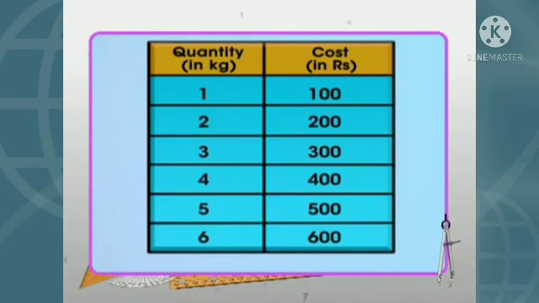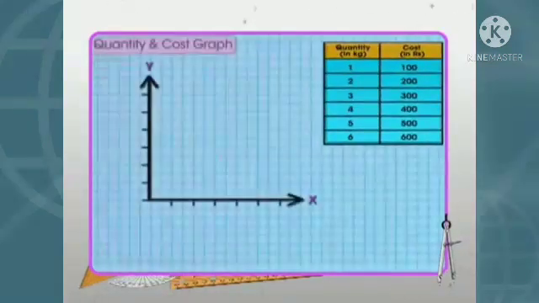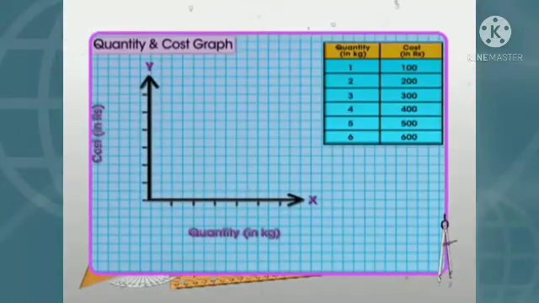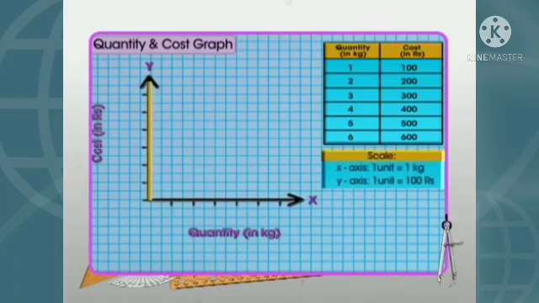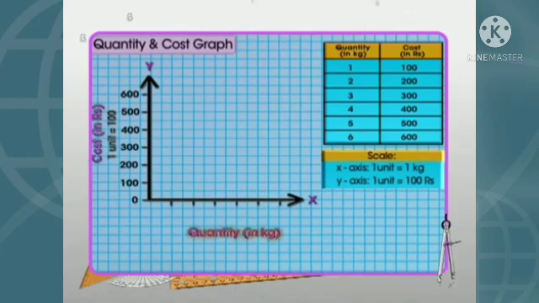In this data, the quantity of apples is the independent variable and price is the dependent variable. So, while we plot the graph between quantity versus cost, we can represent the cost on the y-axis using a scale of 1 unit equal to rupees 100 and the quantity on the x-axis using a scale of 1 unit equal to 1 kg.